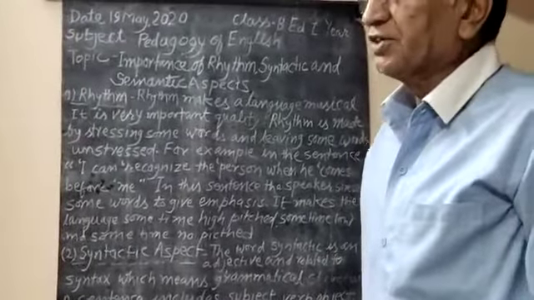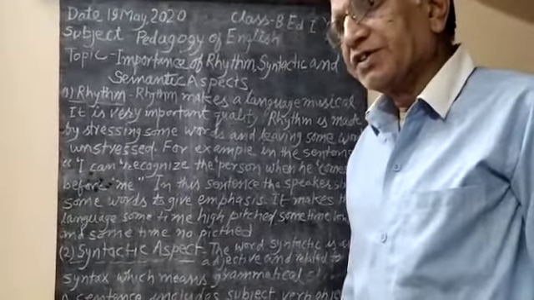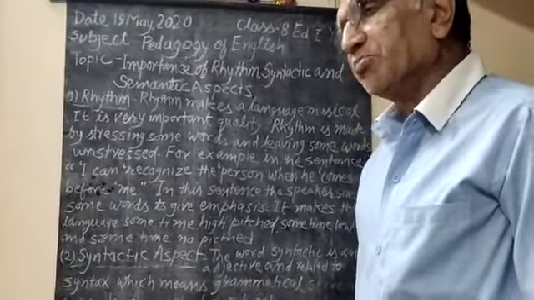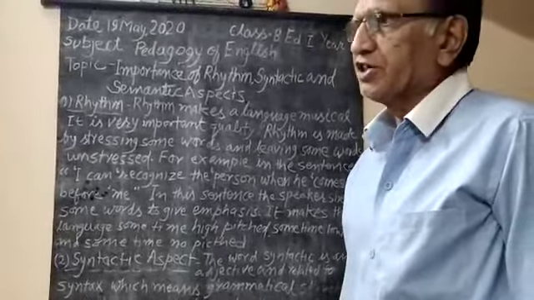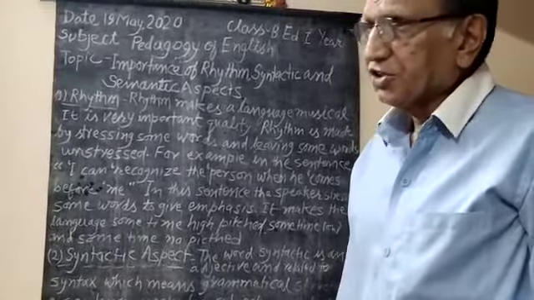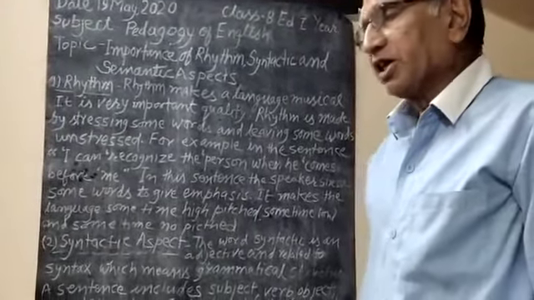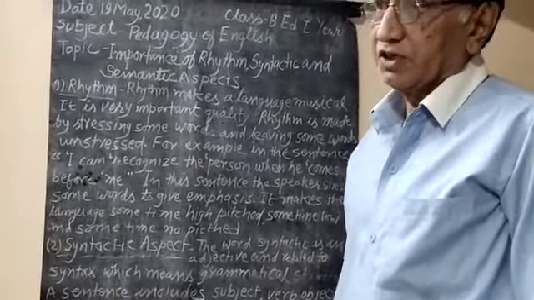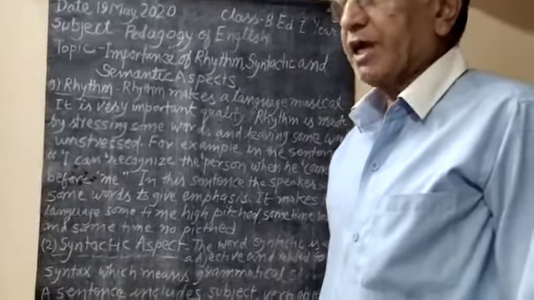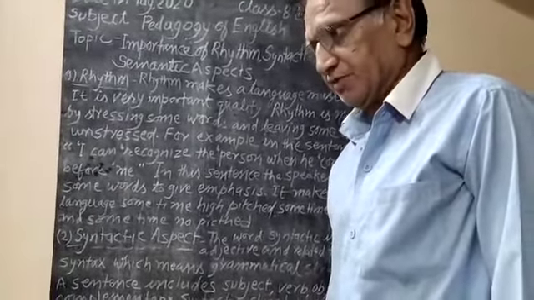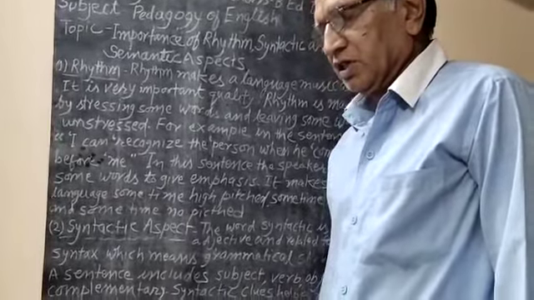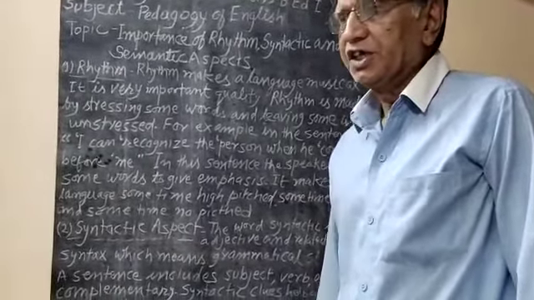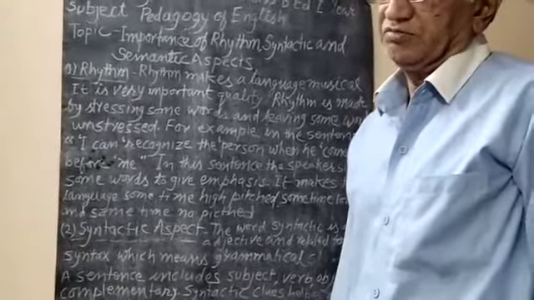Rhythm makes a language musical, and this is an important feature of English language, in which when a speaker speaks, sometimes he stresses some words and sometimes he does not stress the words. In Hindi, in our Hindi, there is no stressing.